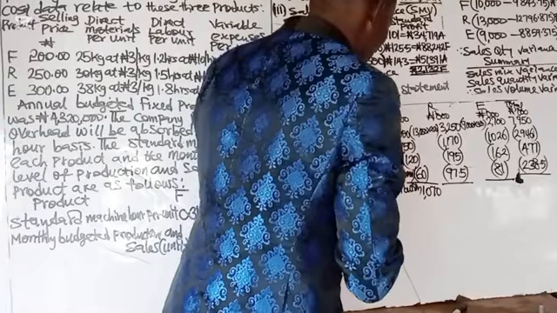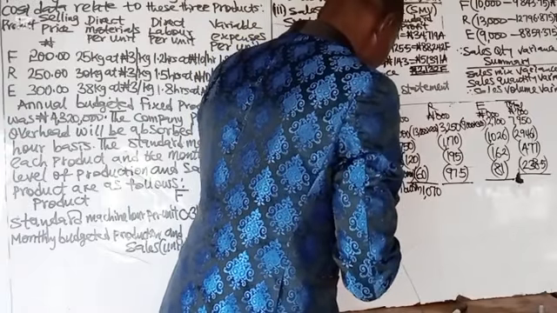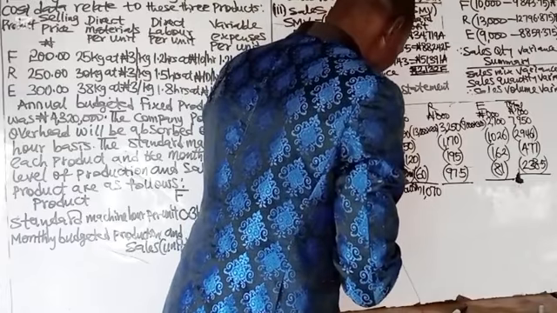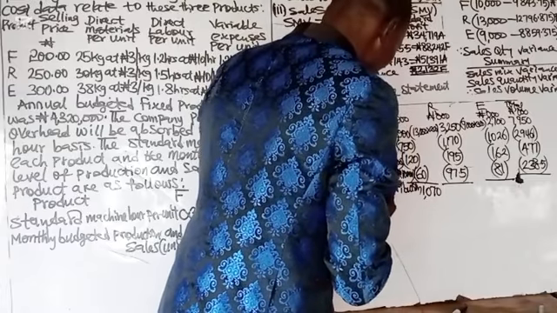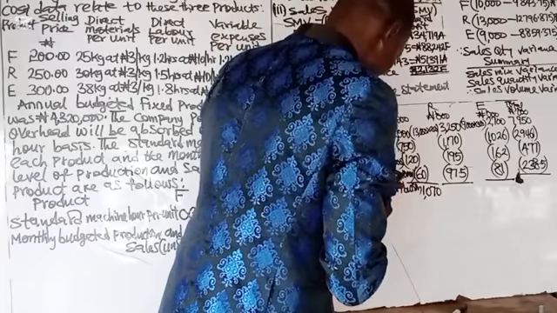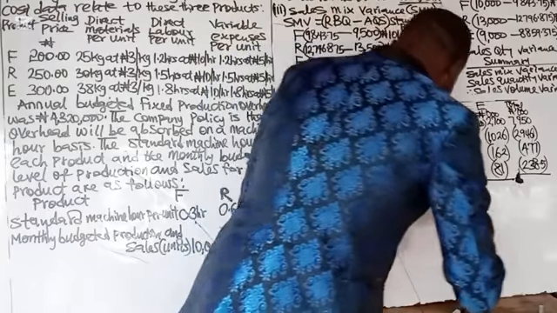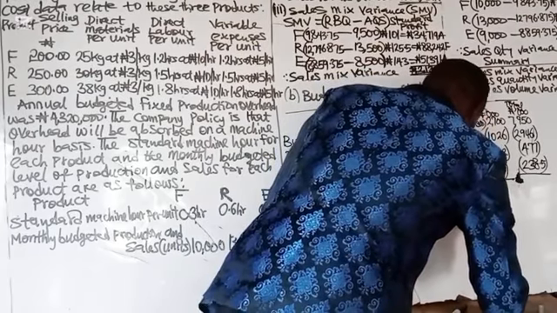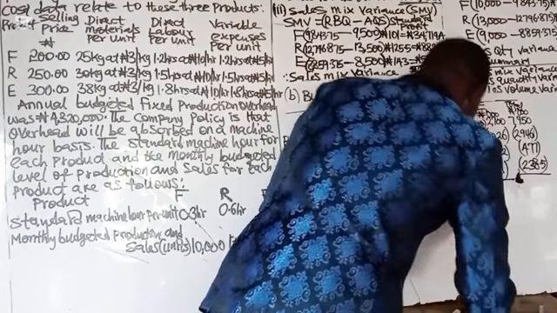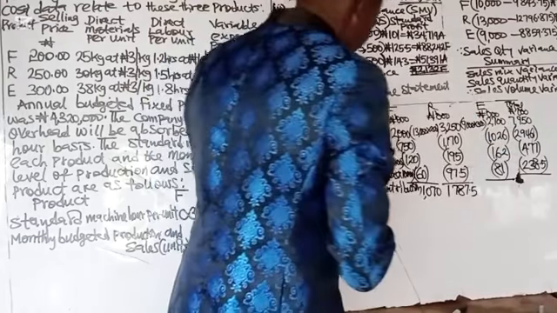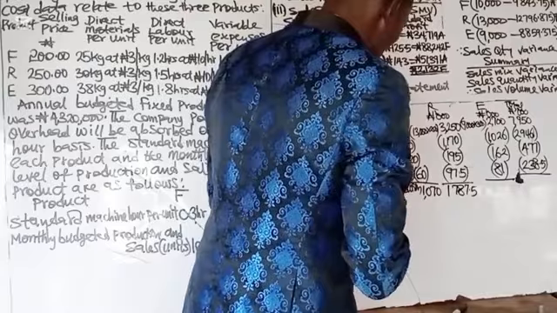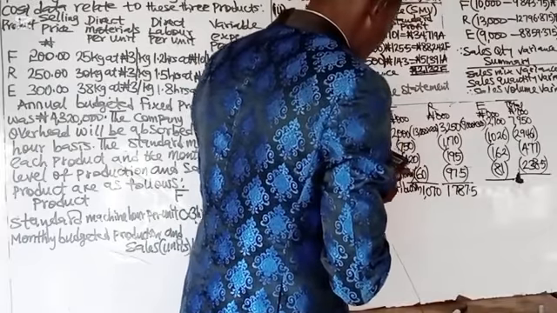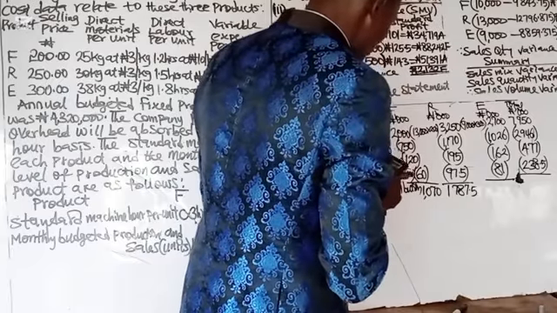For R, 3,250 minus 1,170 minus 195 minus 97.5. So we have 1,787.5. For E, 2,700 minus 1,026 minus 162 minus 81.